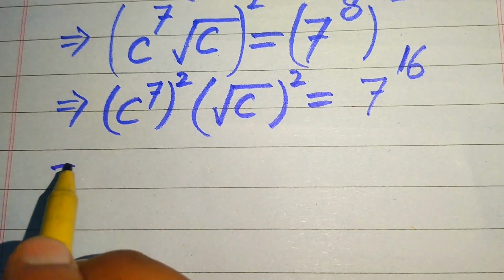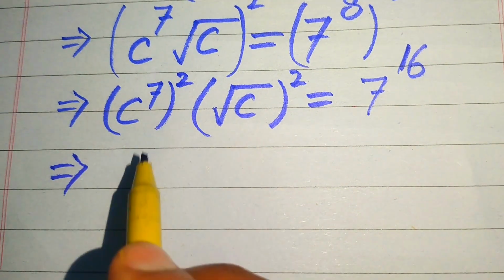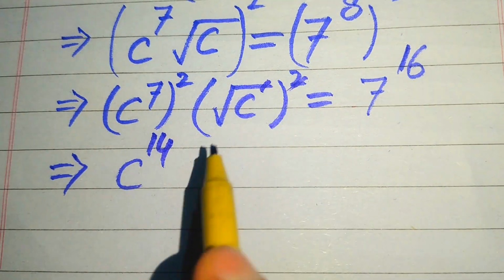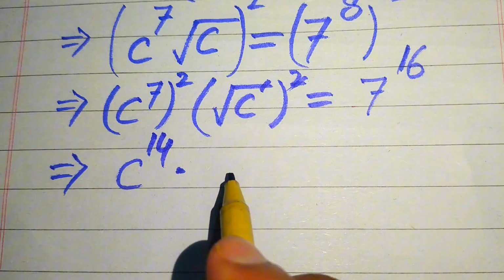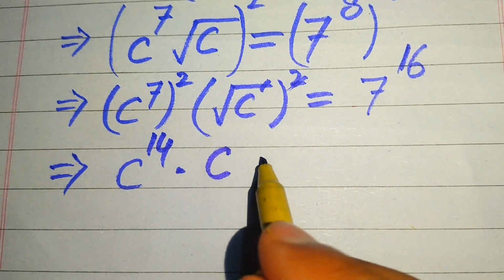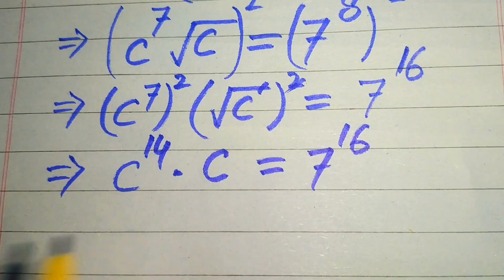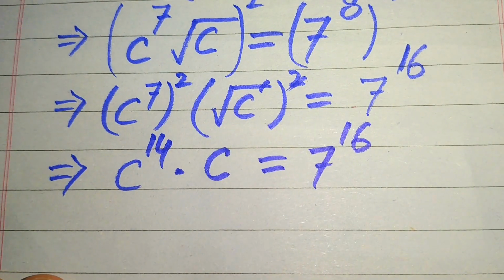And now further in the next step we have 7 times 2 becomes 14, into this 2 and this square root again cancel out each other, and we get the remaining value from here is c only, and on the right hand side we have 7 to the power of 16.